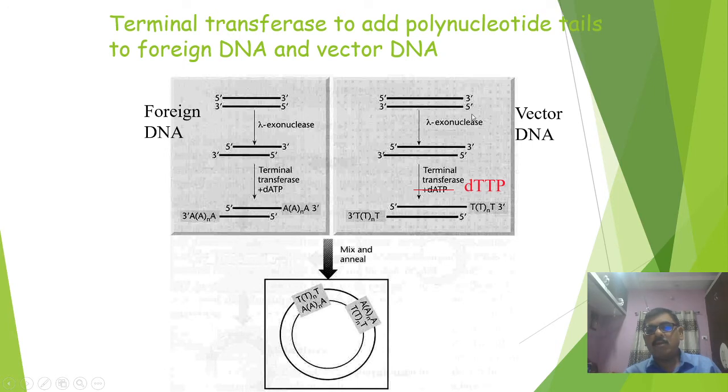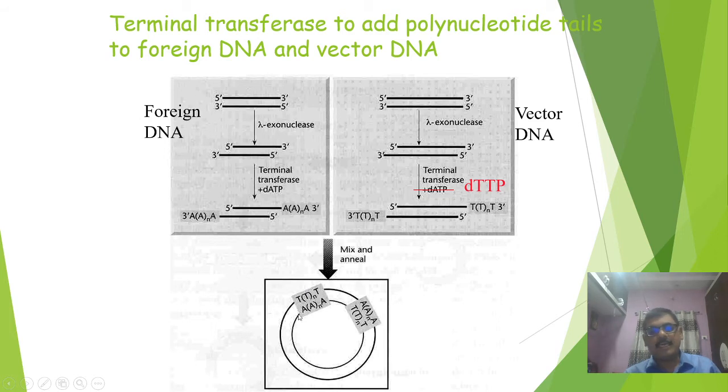It will remove a few nucleotides from these ends, and then by the action of terminal transferase you will add the polynucleotide tails. That is T T T T here, and here also at this 3' end T are added. This is the tail which is added with the help of terminal transferase, and after that the homopolymer tailing will be there, and annealing will be done.